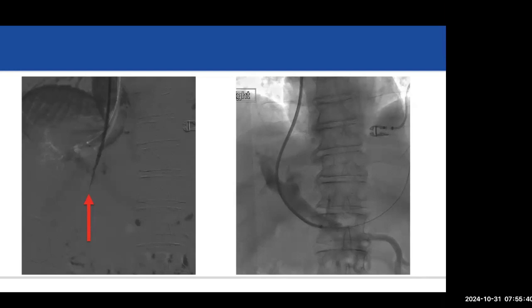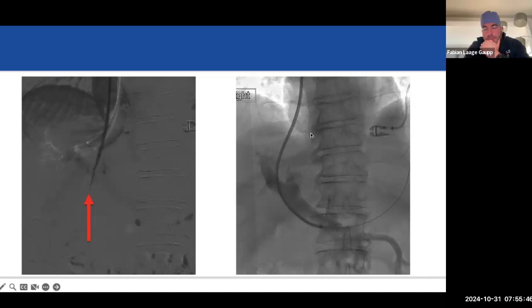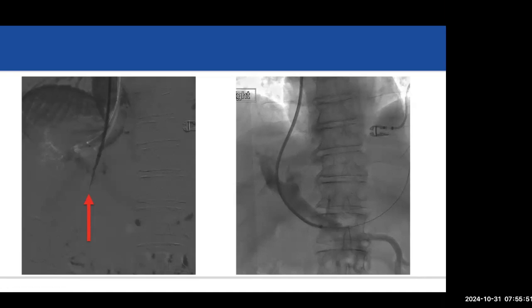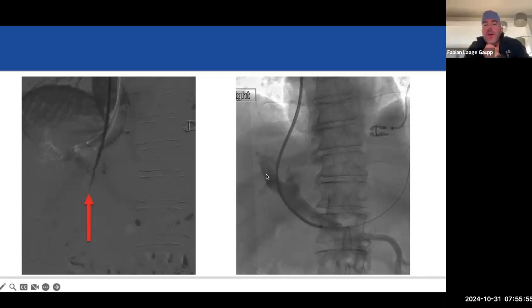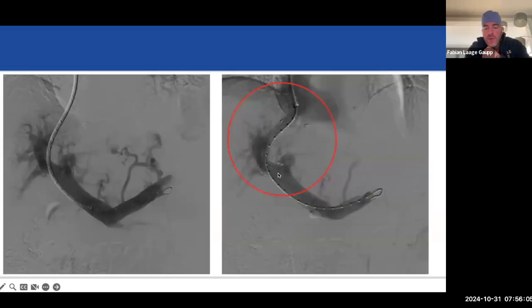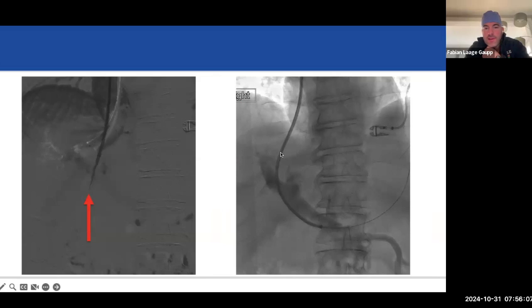The stent is covered and non-covered: half of it is covered and half of it is non-covered. You place the covered side within the portal vein to prevent thrombus from forming there. No, actually, the uncovered portion is in the portal vein. Typically it's 2 centimeters uncovered, and then the covered portion is the portion that's in the tract.